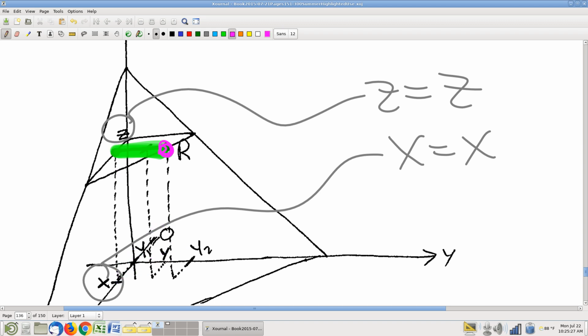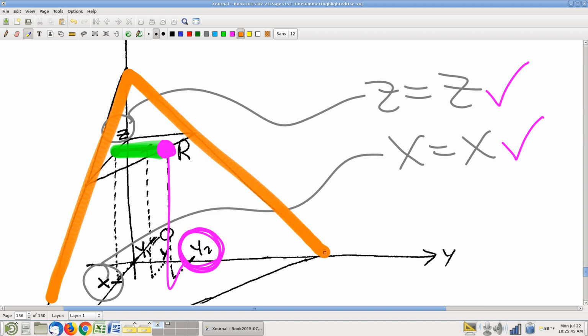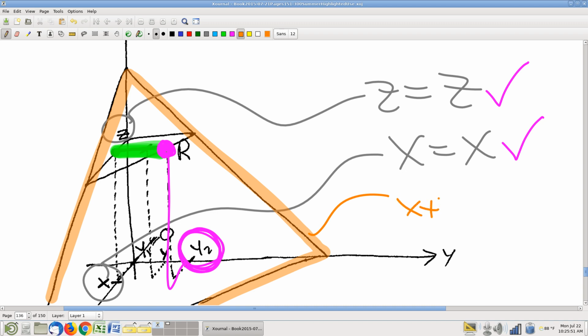This upper bound for y. How am I going to find y2? Well, I have to write down what I know about that point. I know that, and I know that. The last thing I know about that point is that it's on that plane that still has this equation.